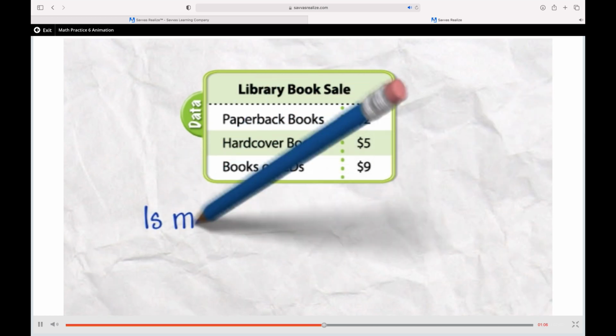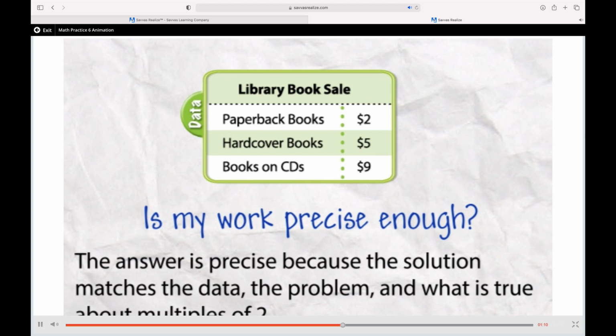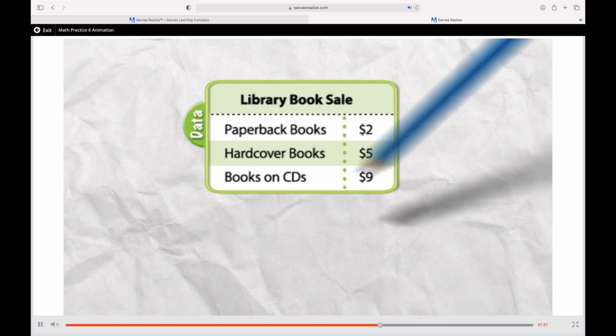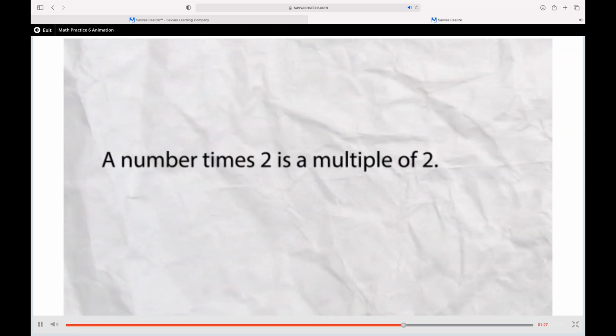Ask yourself, is my work precise enough? The answer is precise because the solution matches the data, the problem, and what is true about multiples of 2. Also, ask yourself, am I using the correct definitions? A number times 2 is a multiple of 2.